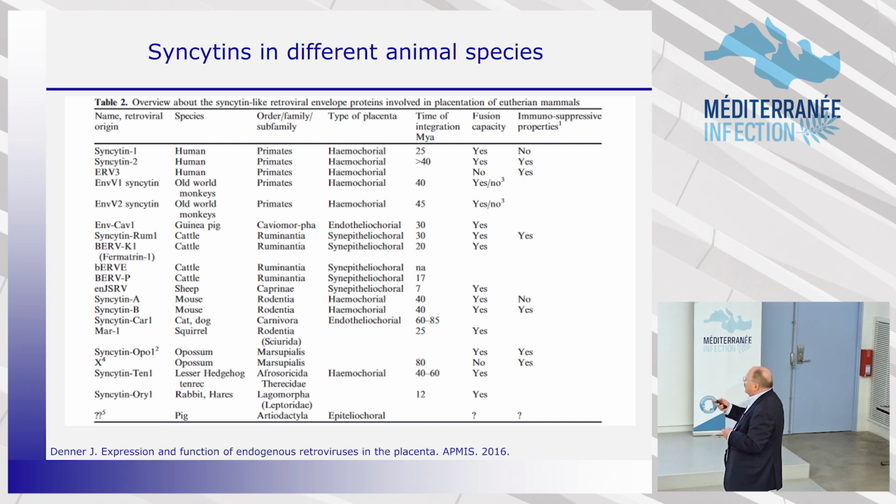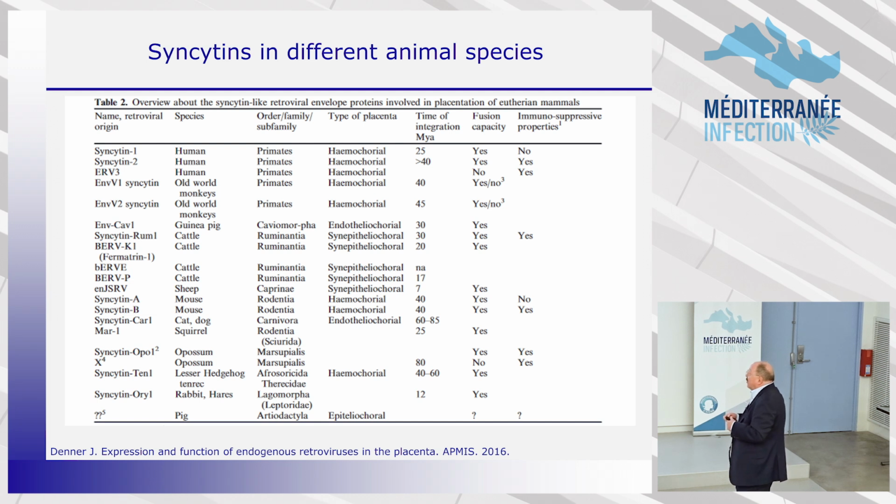And here is a full table from one of my reviews, where all these syncytins in all species are shown, and the different types of placenta are shown. And for example, in human, we have syncytin 1, which integrated 25 million years ago, and syncytin 2, which was quite earlier.